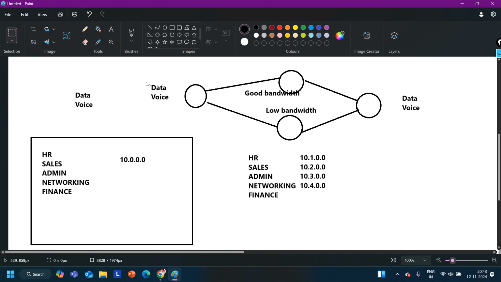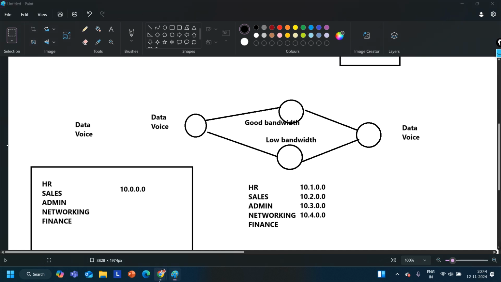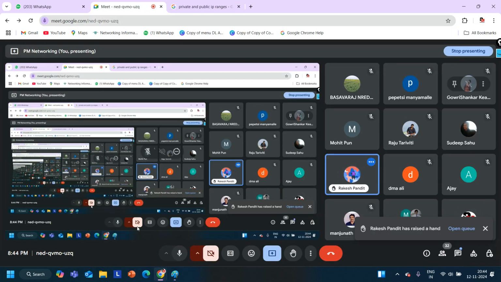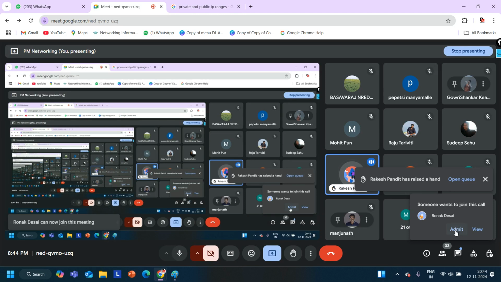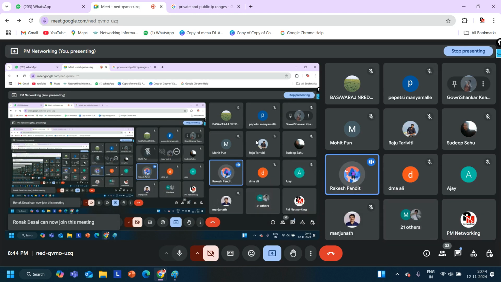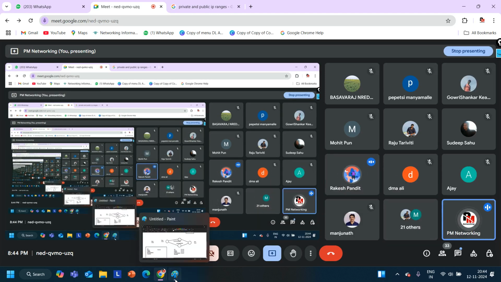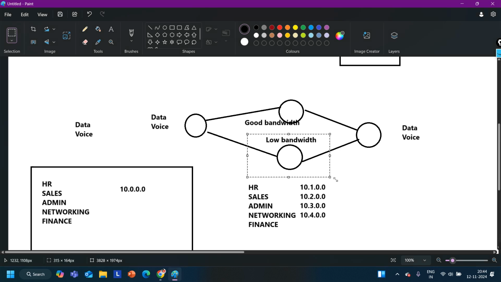Can you give us another example? What happened with this example? No, I didn't get it. What didn't you get? Means how traffic will flow with the lower path? No, I am not teaching how traffic will go via the lower path.